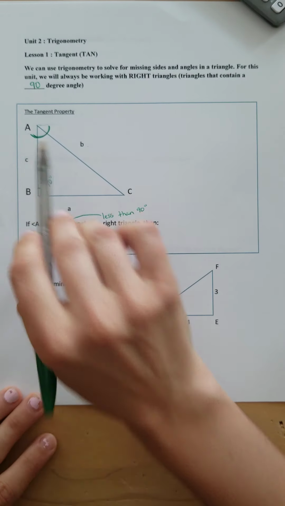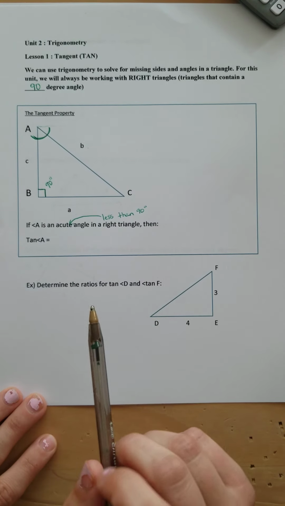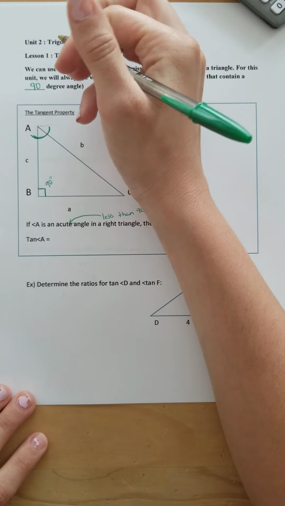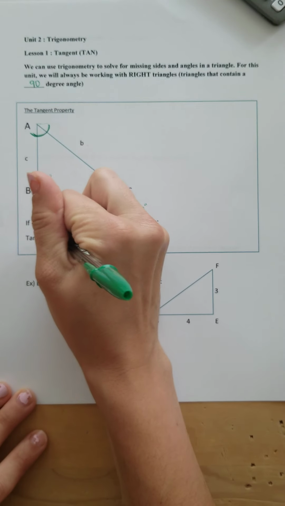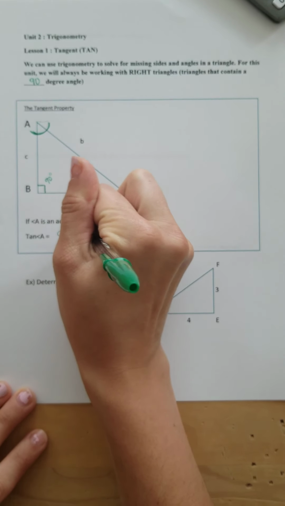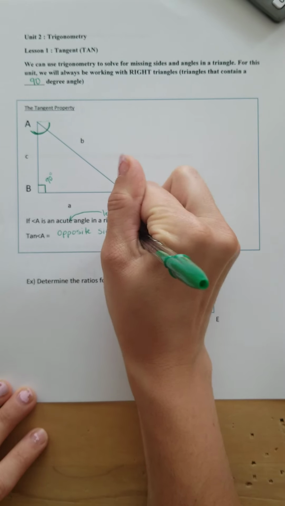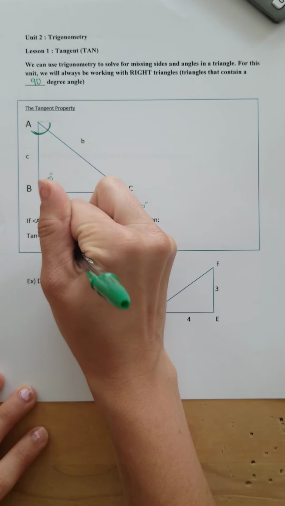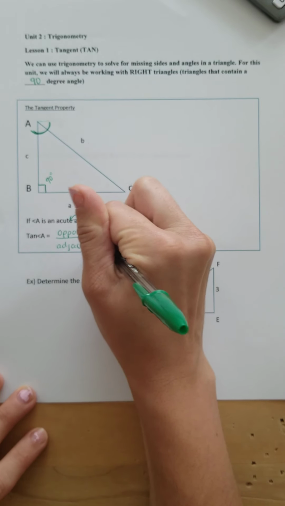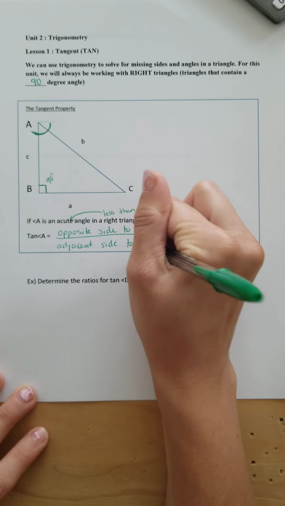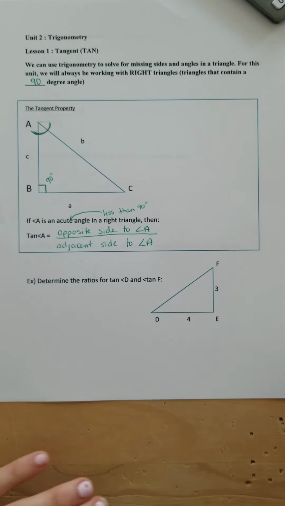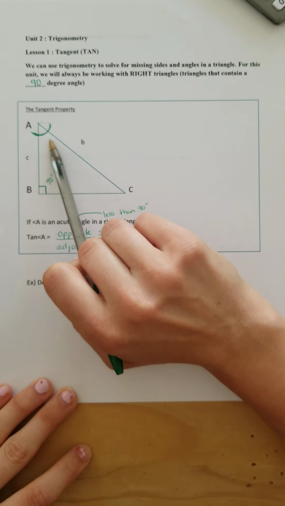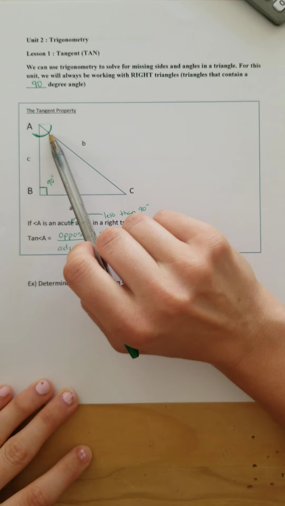Okay, so if angle A is an acute angle in a triangle, then the tan of angle A is equal to the opposite side to angle A divided by the adjacent side to angle A. Okay, so what that means is if you're trying to look for angle A, if I said find the size of this angle, is it 30 degrees, 40 degrees, 50 degrees?